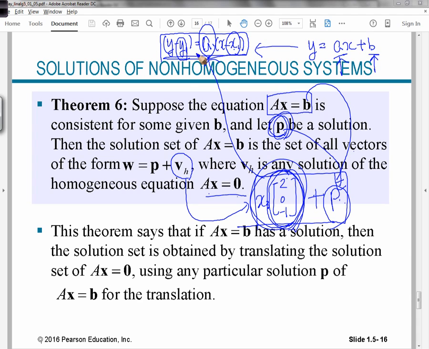So x1 and y1 is one point that this line is passing through. But in the case of the vector form, this is our slope, then this other vector is on the line, okay. But this one is actually coming from this vector b, from the non-homogeneous version of the system, okay.